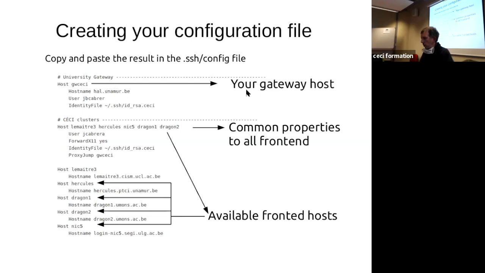And every connection to the front ends, here there are the 5 front ends, goes through the gateway SSH. Here, ProxyJump means that you have to go through the gateway SSH to connect. And here is the list of each front end where you can connect. So this is the file that you need to have inside the SSH folder.